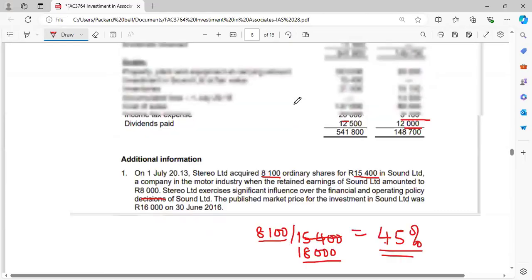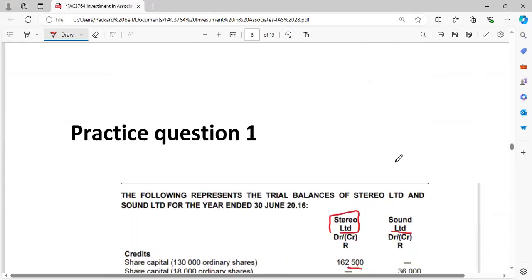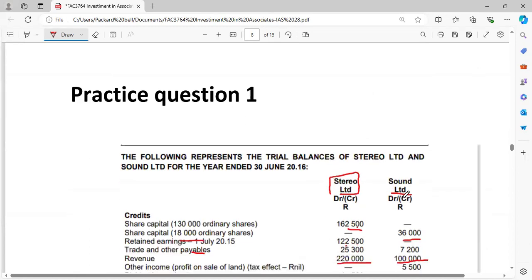You see that one? So Sound Limited is the one who made the profit. Are we together until here?